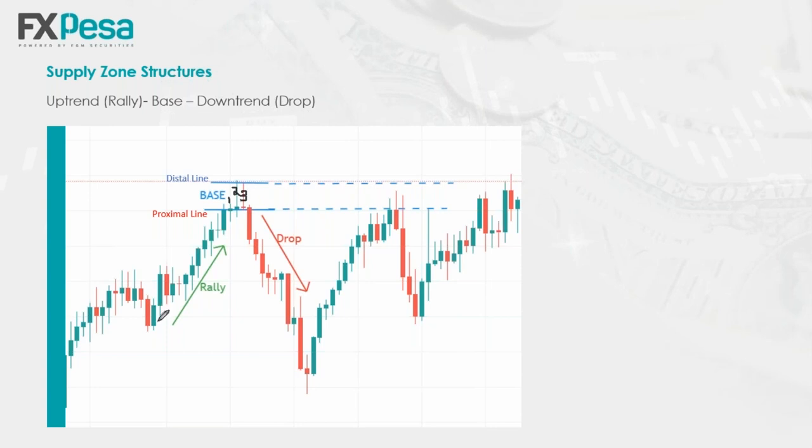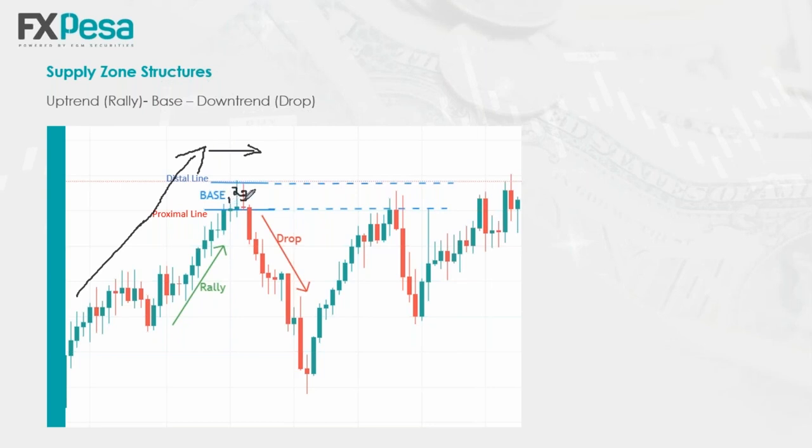So in this case, we have a supply zone that is composed of a rally. Initially the market was making a rally to the upside. We refer to this as a rally, then a base. So we had formation of basing candlesticks.